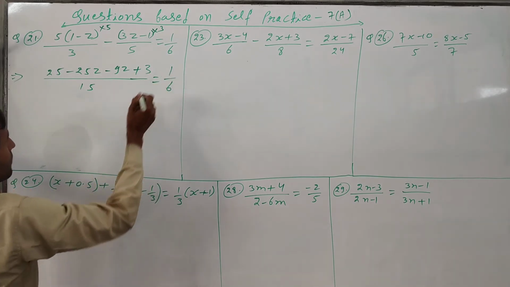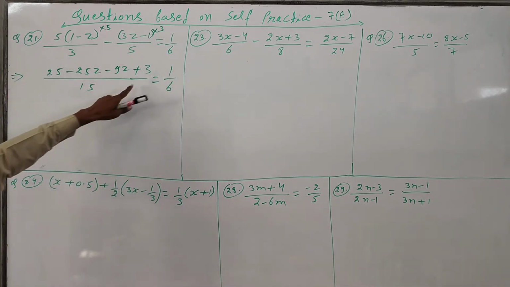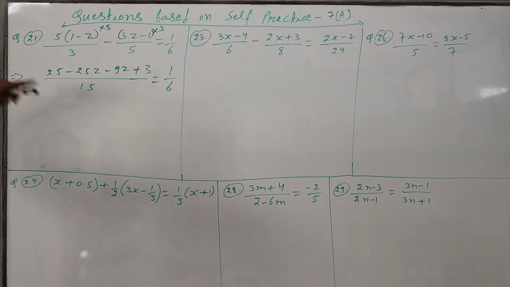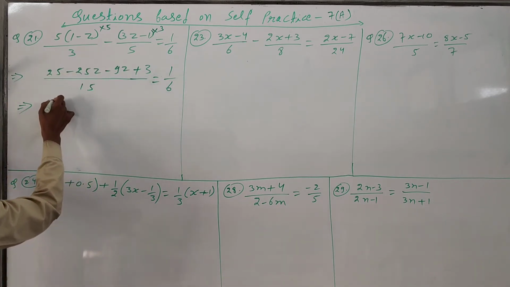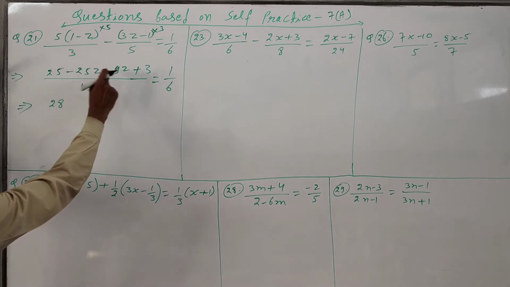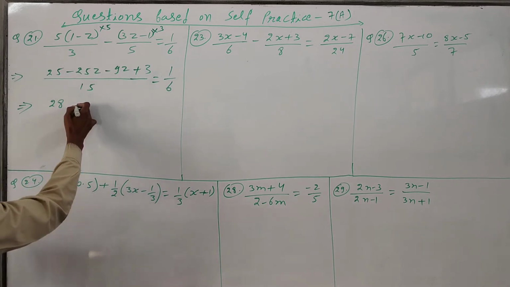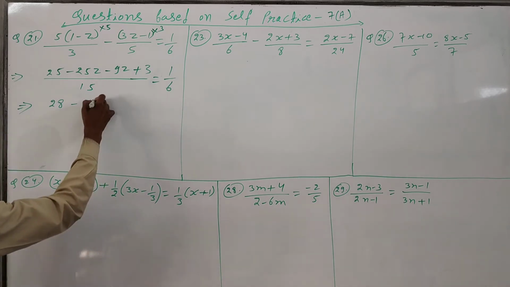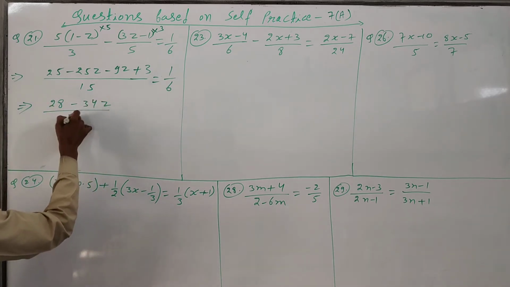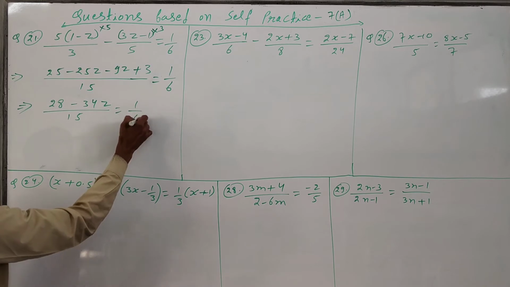After that, add the like terms and keep the rest as it is. So 25 plus 3 is 28, and minus 25z minus 9z is minus 34z, upon 15 is equal to 1 upon 6.